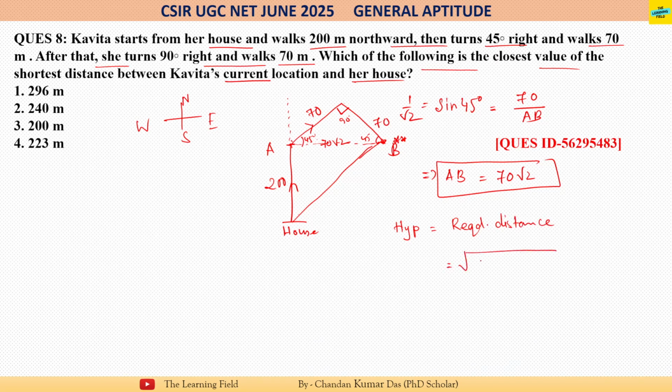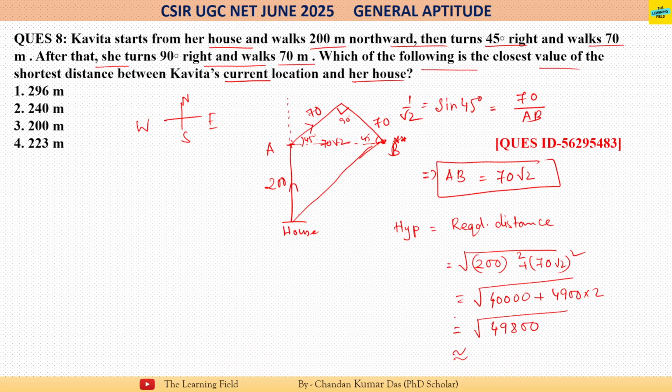This is equal to root under 200 square plus 70 root 2 square, which is equal to 40000 plus 4900 into 2, which gives us 49800, and the square root of this is nearly equal to 223.15, that is equal to 223 meter.